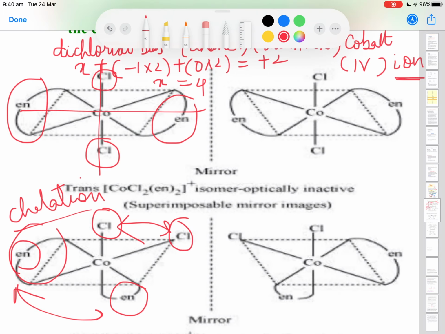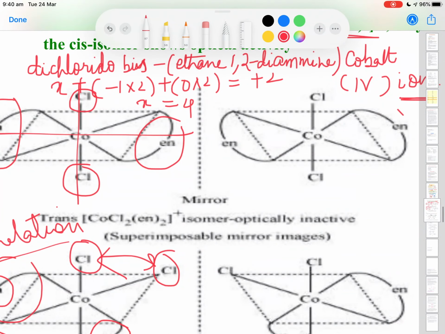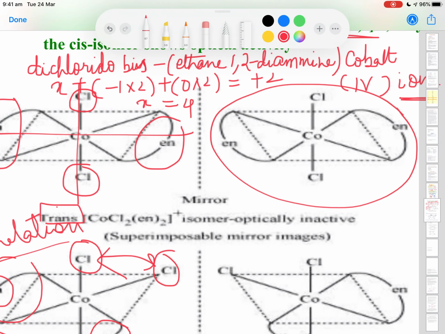But when we do this, aren't we ending up with the same structure what we had before? Of course, without any doubt, yes. So, what do we conclude? So, trans isomers will not exhibit optical isomers, whereas cis will do that.